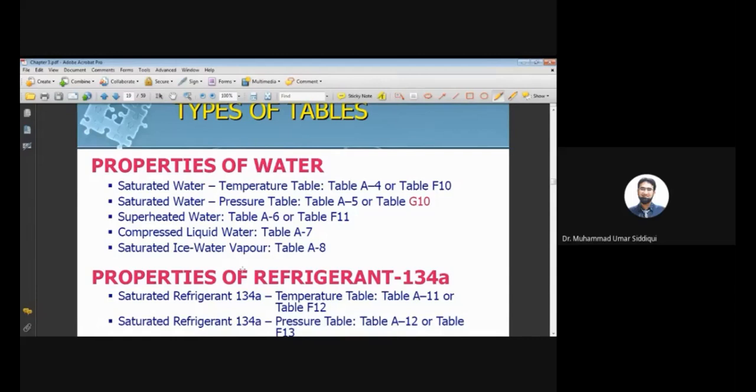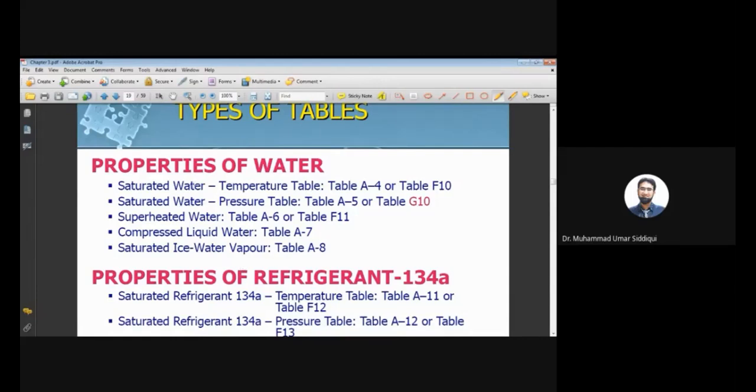I have also provided the thermodynamic tables separately in the textbook folder on Google Classroom. These tables are from the same textbook that we are using. Let's discuss what kind of tables we have.